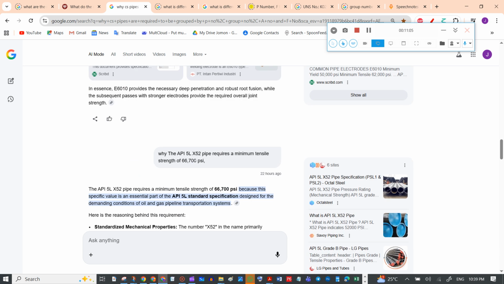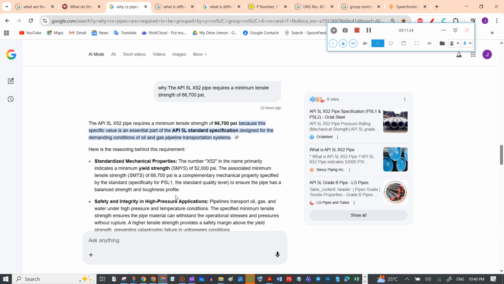So why does API 5L X52 require a minimum tensile strength of 66,700 psi? Because this specific value is an essential part of the API 5L standard specification, designed for the demanding conditions of oil and gas transportation. It is required as per the code.